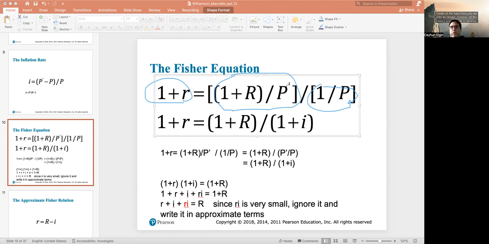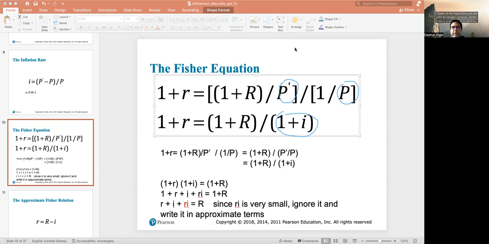And then if you bring up terms together, this is P prime in the denominator of the numerator and P in the denominator of the denominator. So this denominator of the denominator comes as numerator all the way up. So it becomes P prime over P here, or in other words, in the denominator it is 1 plus I.